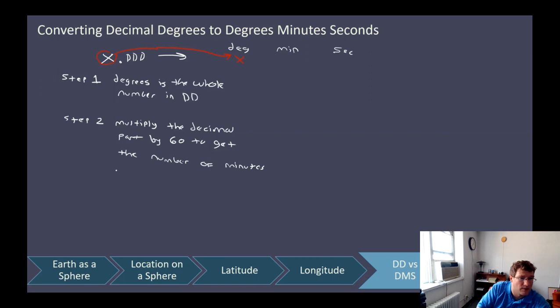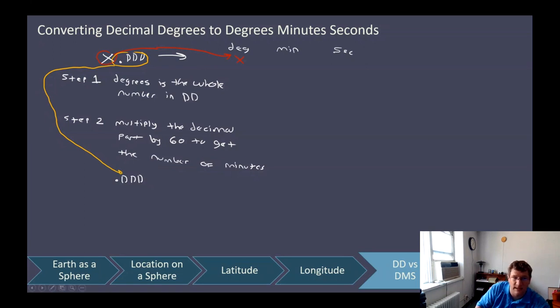So we take the dot d, d, d, this part from the original number, coming down here.